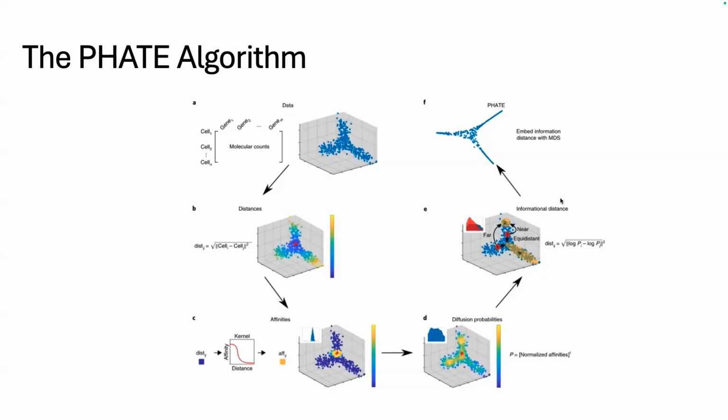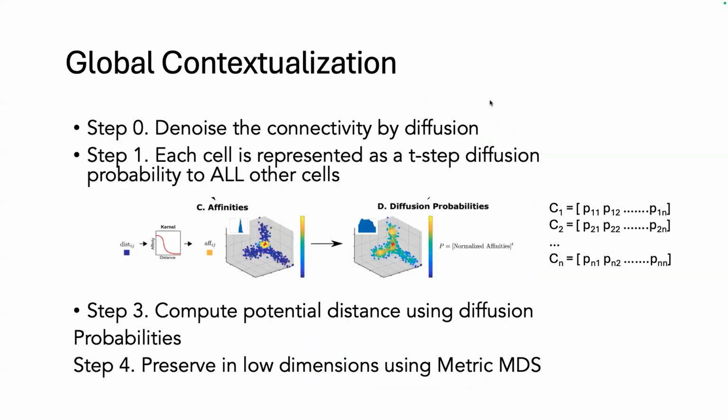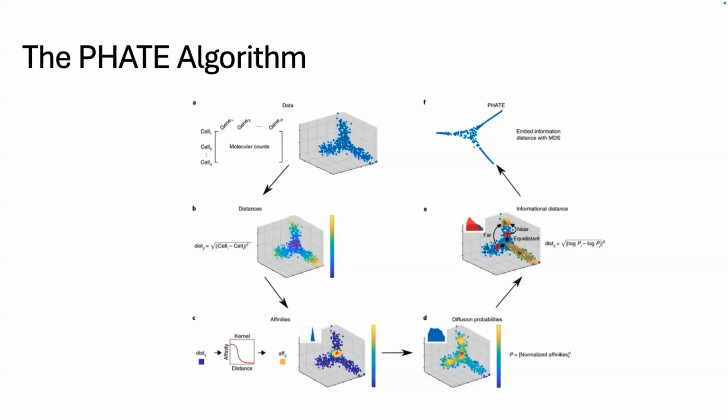So every cell is contextualized. We log scale these probabilities and take a symmetric divergence. This is an informational distance, and this distance we just preserve with metric MDS as best as we can. So why are these steps important? The diffusion step is important because it is the most denoising of the steps.